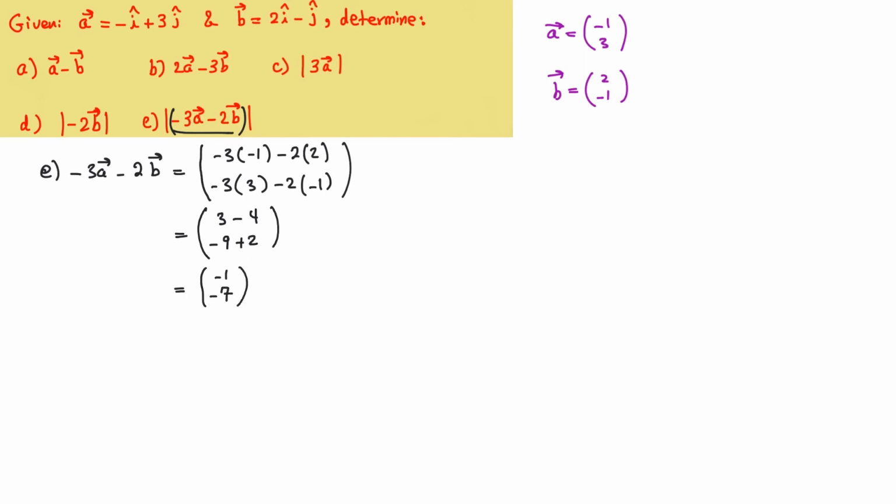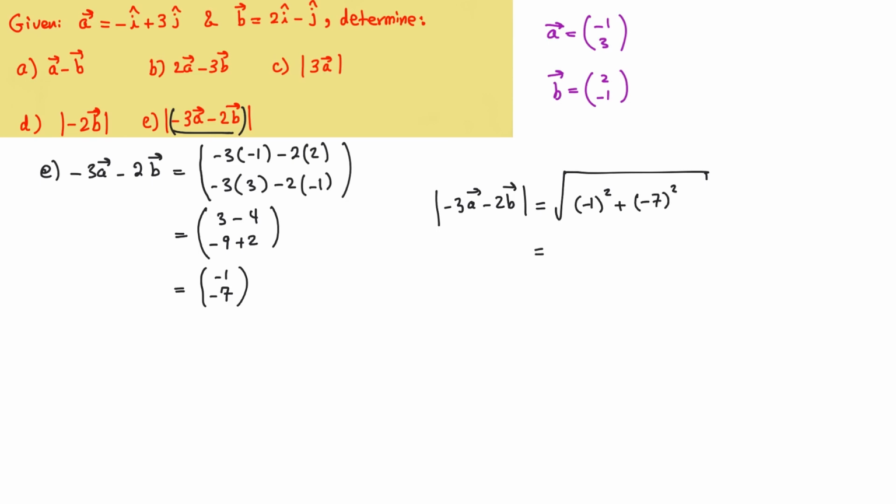We now need the magnitude of this, so the magnitude of -3a minus 2b will equal the square root of its x component, which is -1 squared, plus the y component squared, which is -7 squared.